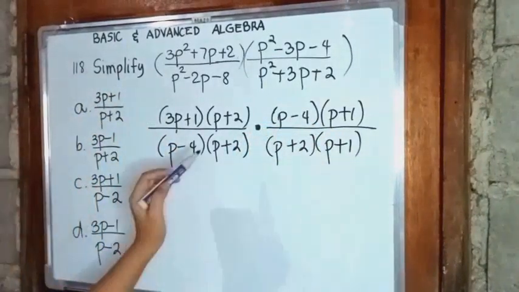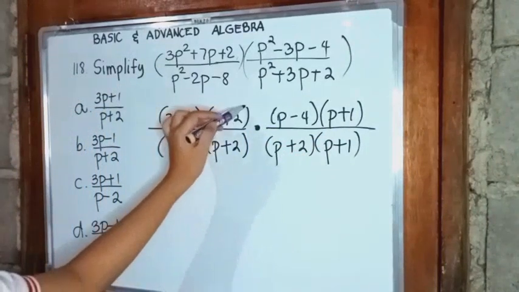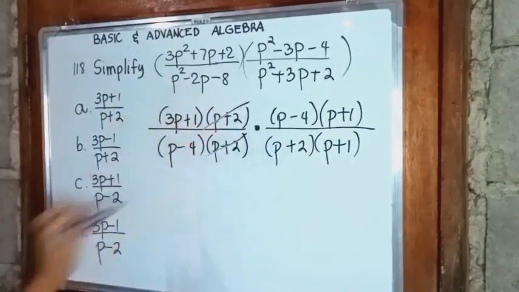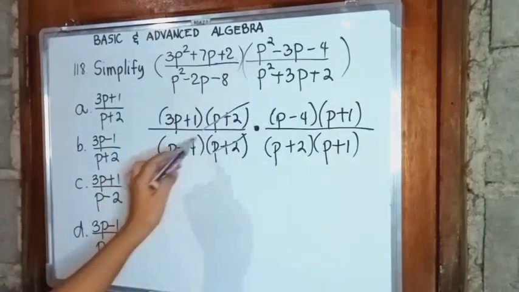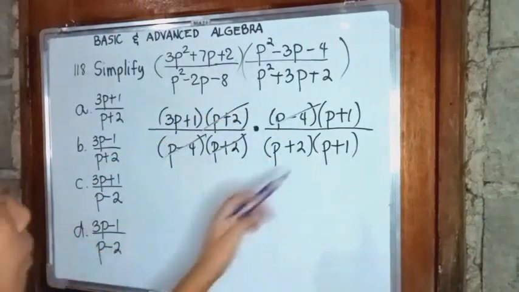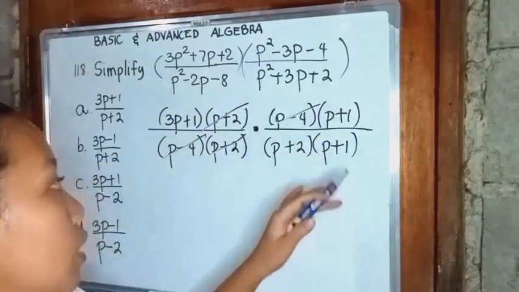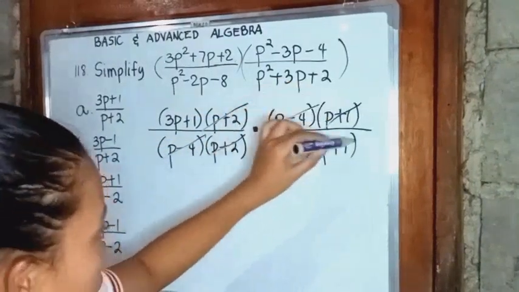Alright. P plus 2 divided by p plus 2 is 1, so we can cancel this out. P minus 4 divided by p minus 4 is also 1. Cancel this out. P plus 1 divided by p plus 1 is also 1. Cancel this out.